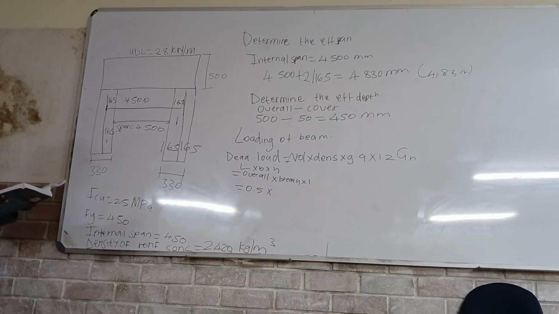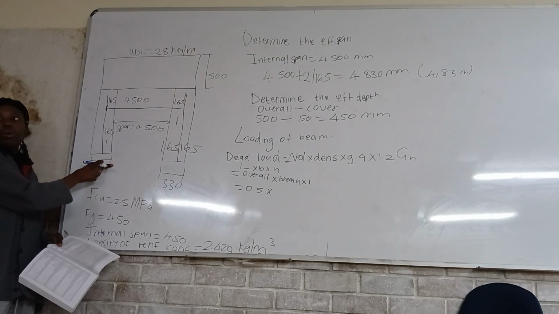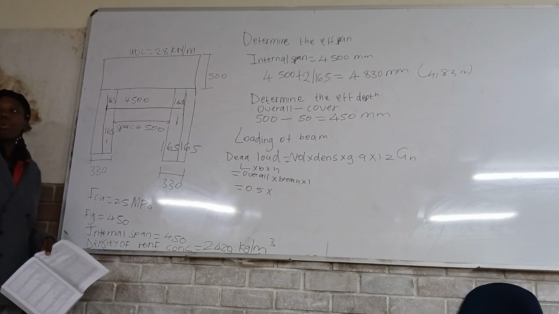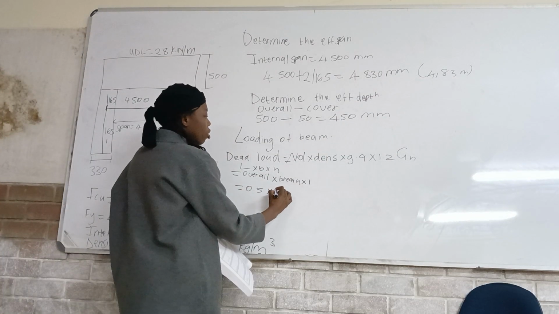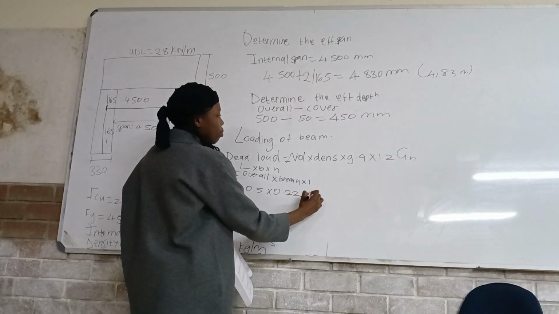The beam is 220 wide. We don't take the width of the walls, they want the width of the beam. So it's 0.22 multiplied by 1.